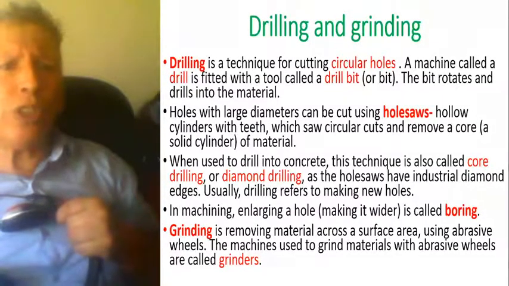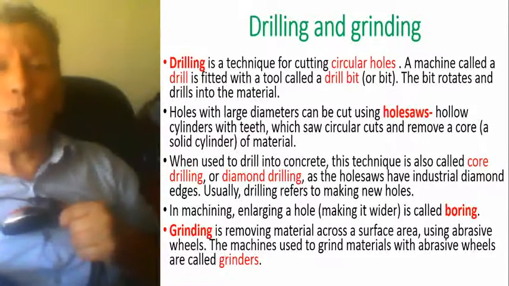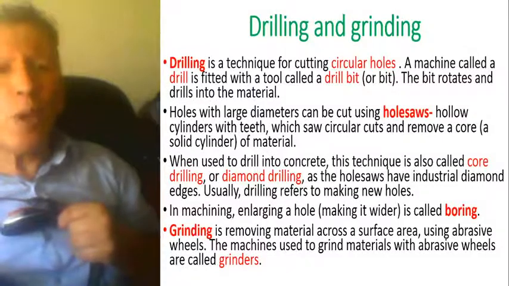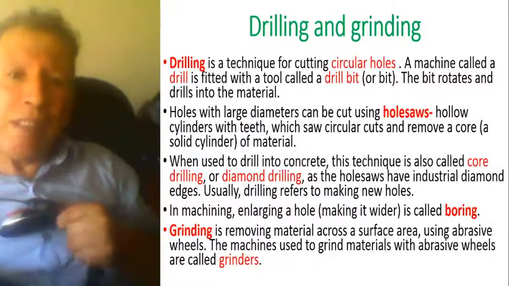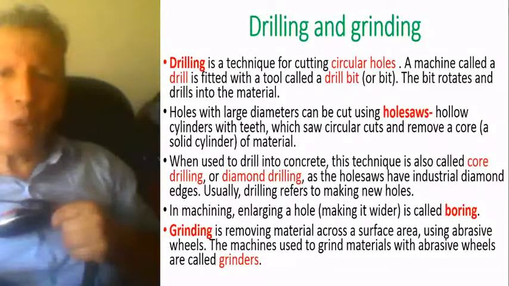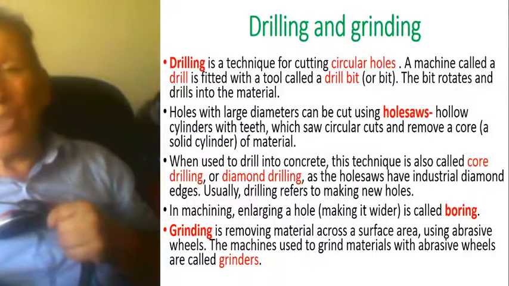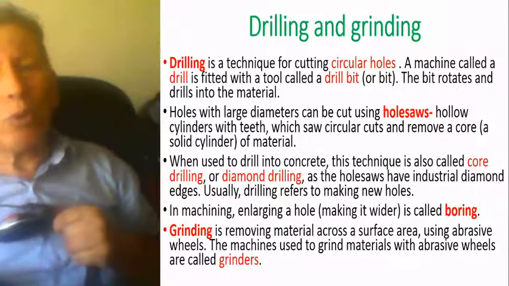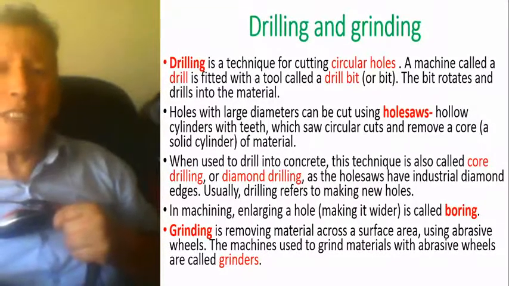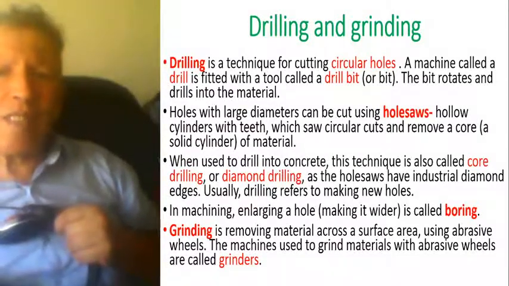A machine called a drill is fitted with a tool called a drill bit. So the head of the drill is called the drill bit, which you can change to obtain the appropriate size. The bit rotates and drills into the material.